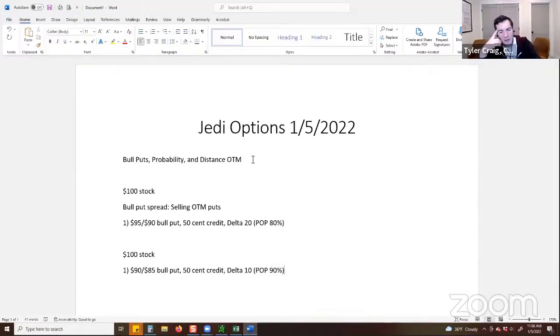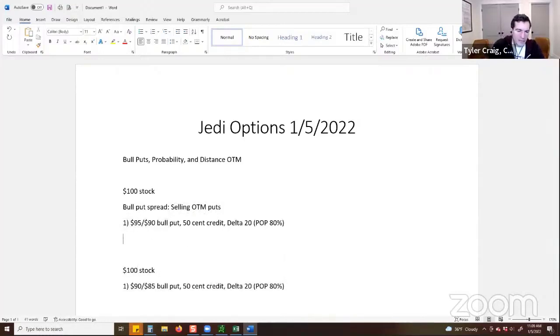So you say, oh, okay, well, you get further out of the money, you get the same payment, but better probability. Yeah, go with the second one for sure. But what if the delta was the same, right? And the probability is the same. Like, how do you know? I mean, in this case, I guess you might say, oh, we'll definitely do the 90 because you're $10 out of the money. Here, you're only $5 out of the money.